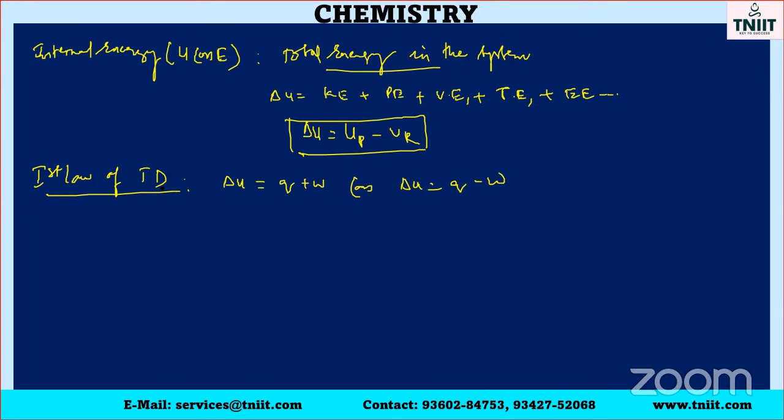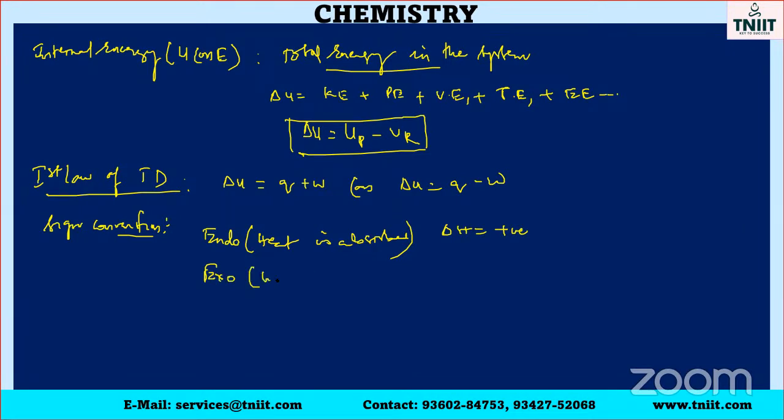Now, the sign convention. You should remember the sign convention. If it's an endothermic process, heat is absorbed. When heat is absorbed, delta H is positive. In an exothermic reaction, heat is liberated. When heat is liberated, delta H is negative. Now, this is important.